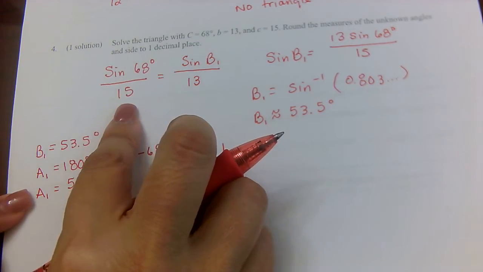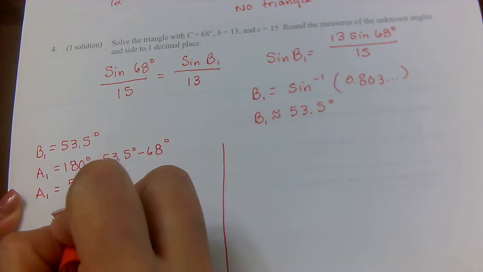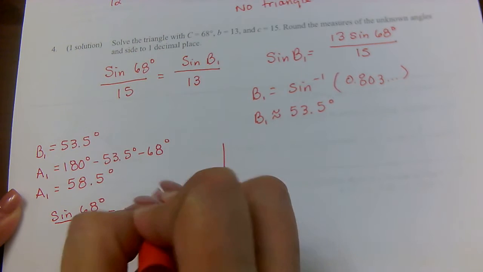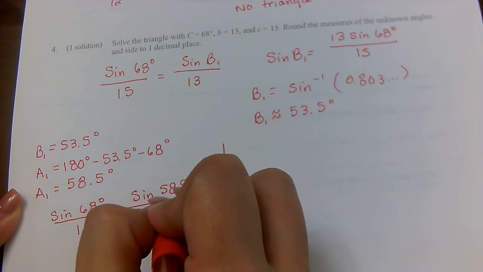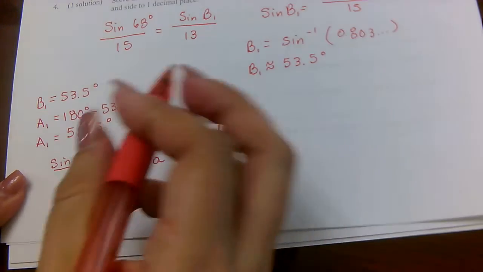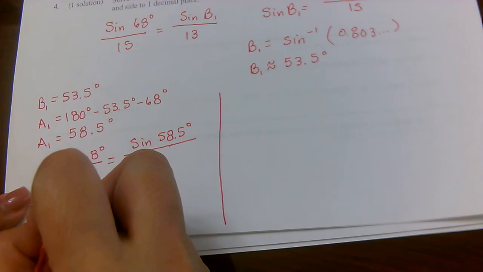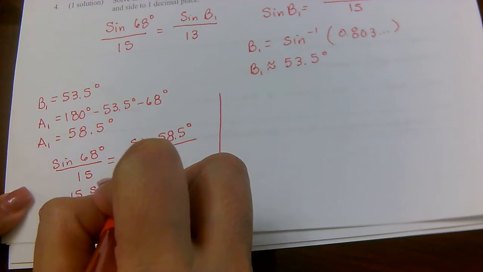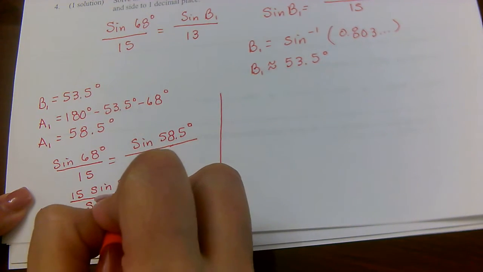So I'm going to use the complete ratio again, and I'm going to say sine of 68 degrees over 15 equals sine of 58.5 degrees over little a. Use bat and ball. A is equal to 15 sine 58.5 degrees over sine of 68 degrees.